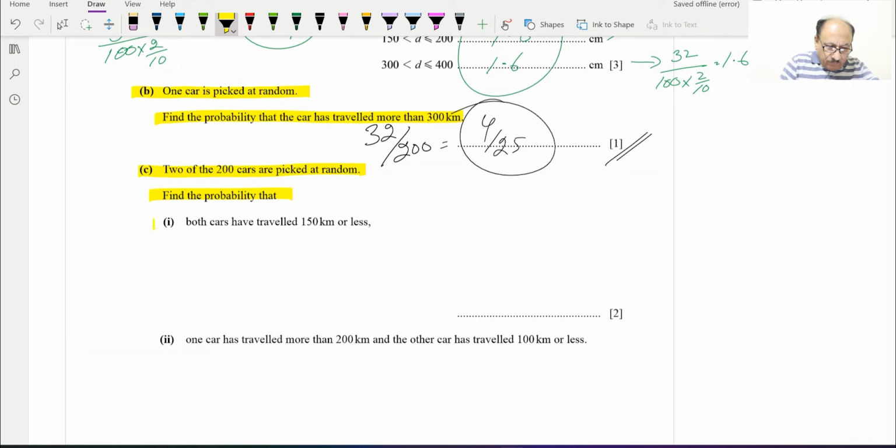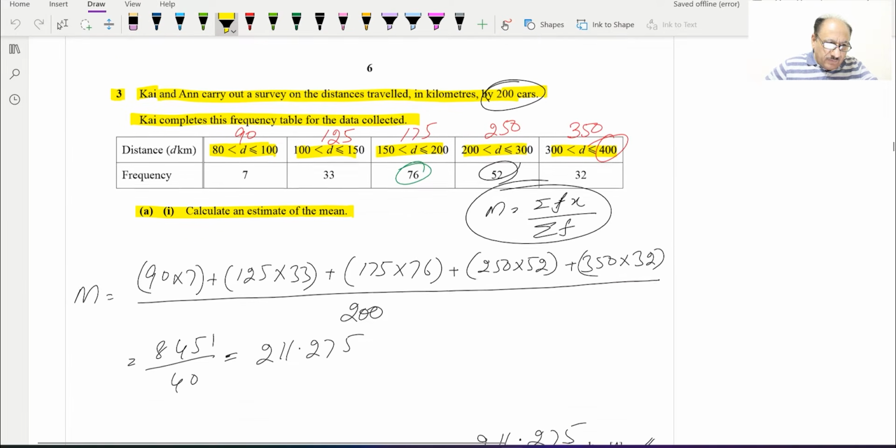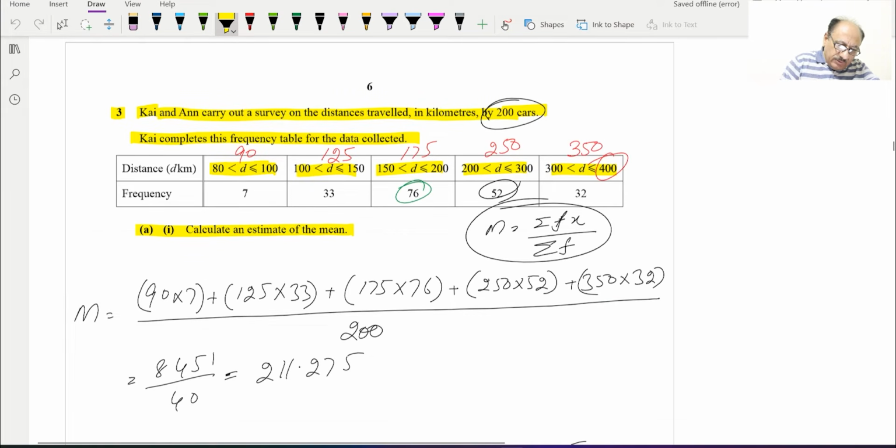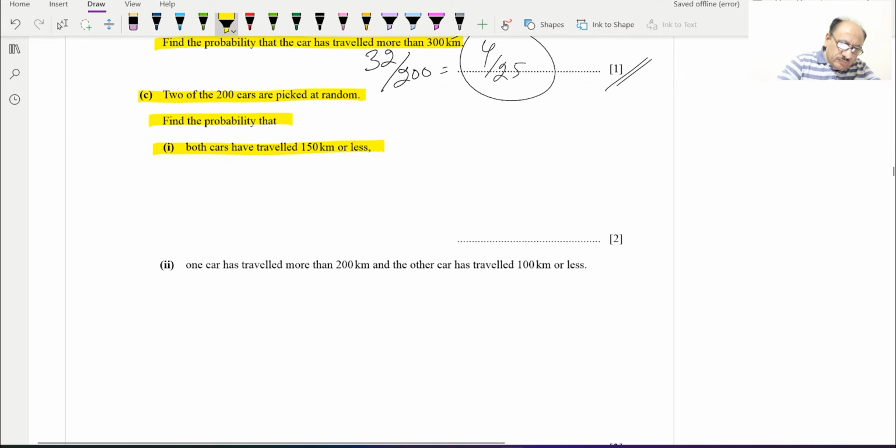Find the probability that both cars have traveled 150 kilometers or less. So 150 kilometers or less will be these two: 33 plus 7 will be 40. So for the first car it will be 40 over 200, and when we pick the second car without replacement, this will be one less, so 39 over 199.